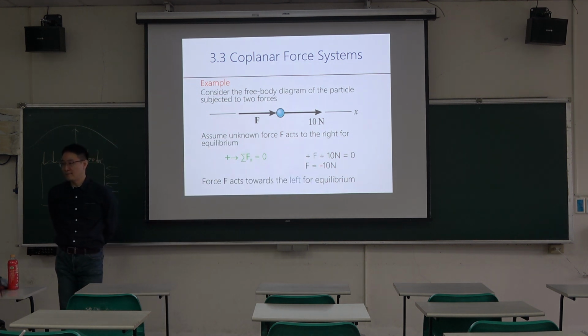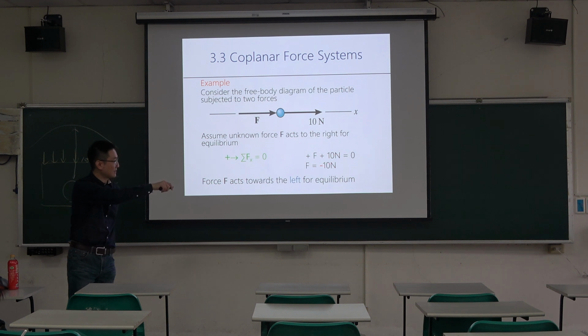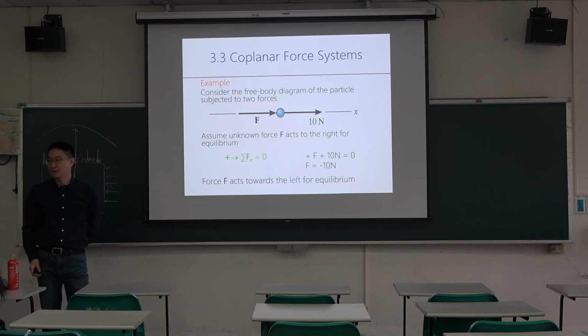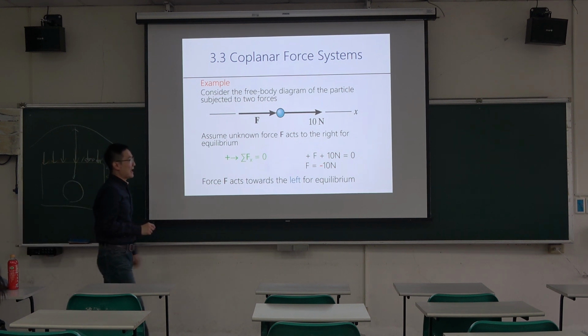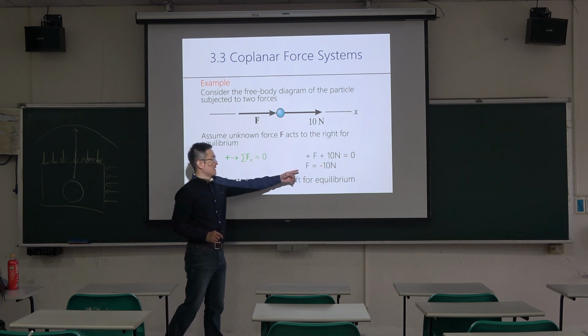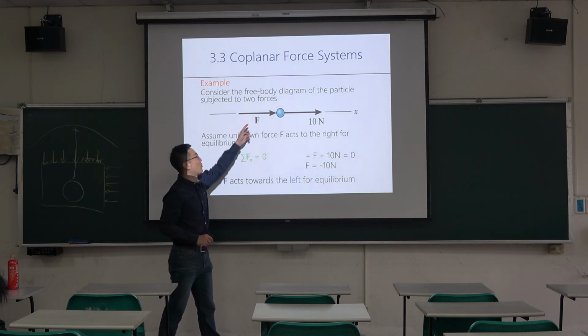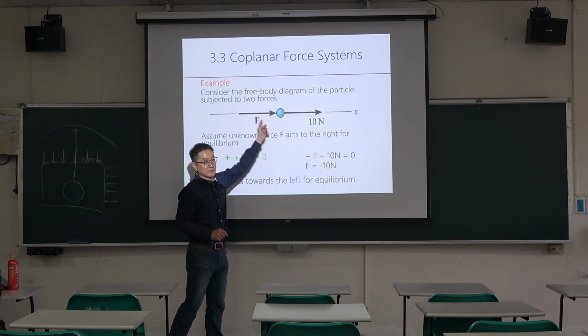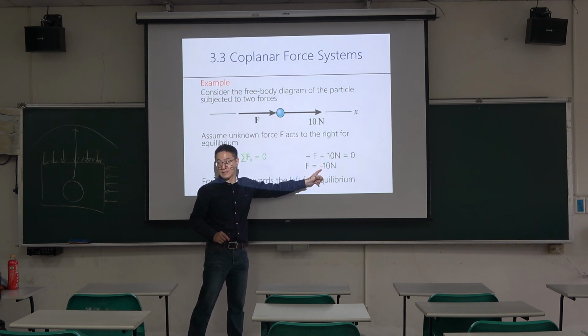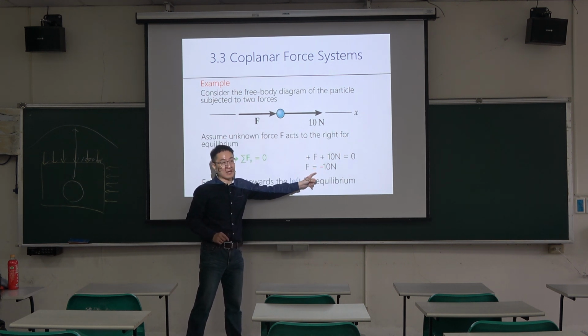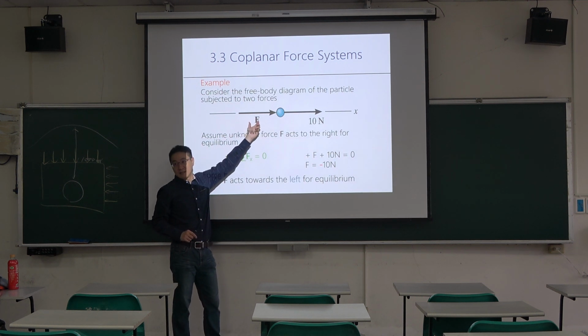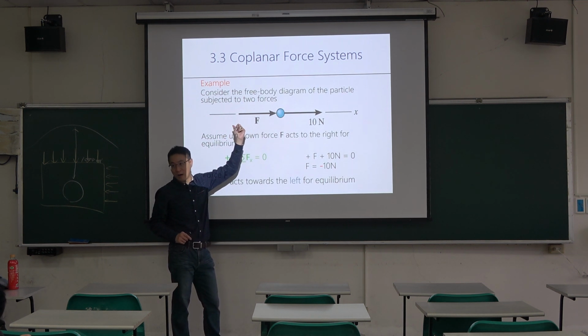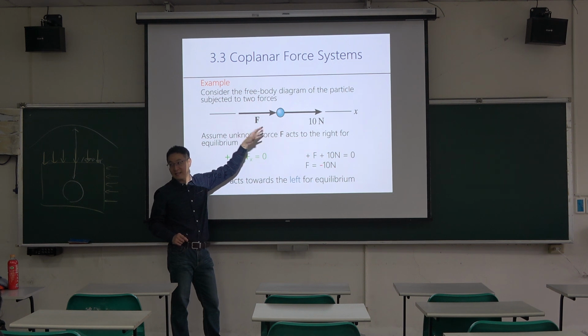Okay, when we work out that F is a negative value, that means F's real direction is opposite to what we assumed. If it is negative, the direction is opposite to what we assume. Clear?